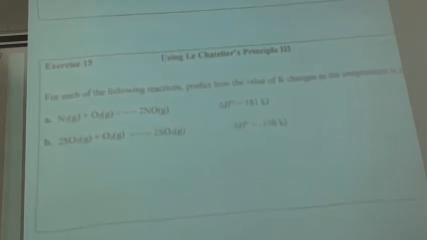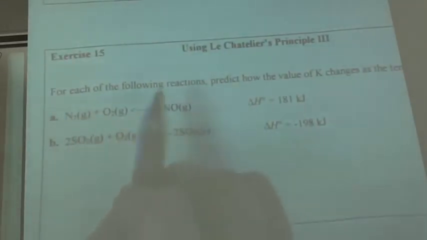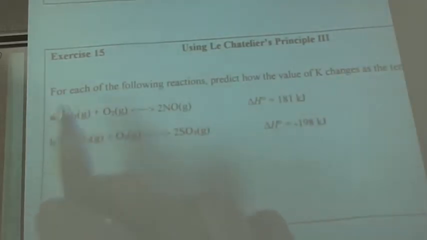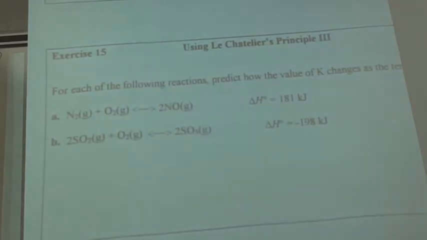Okay, for each of the following reactions, predict how the value of K changes as the temperature is increased. So we have this reaction, and they tell us that delta H is 181 kilojoules. Will heat be a reactant or a product in this case?